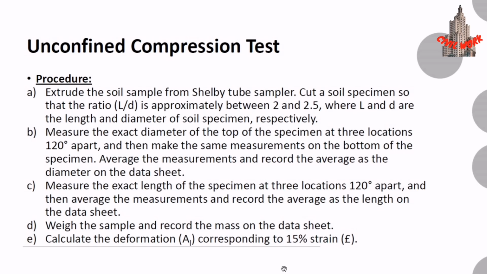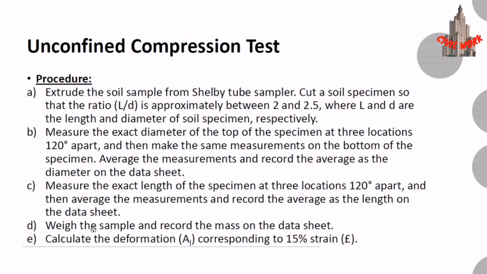Then we have to measure the exact diameter of the top, which we have discussed earlier, at three different locations 120 degrees apart, and then make the same measurements on the bottom of the specimen. Measure the exact length of the specimen at three locations 120 degrees apart, and then average the measurements and record the average as the length on the data sheet.